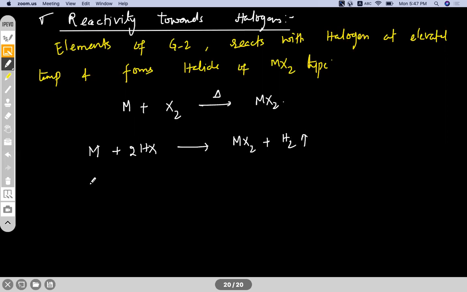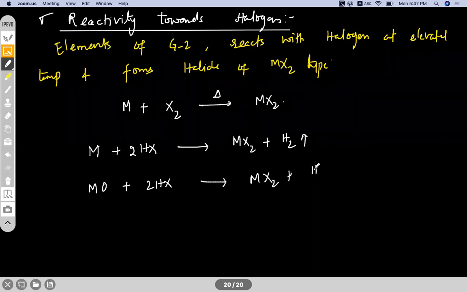When metal oxide MO reacts with 2HX again, it forms MX2 plus H2O.